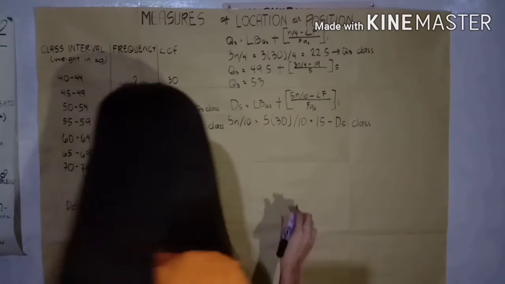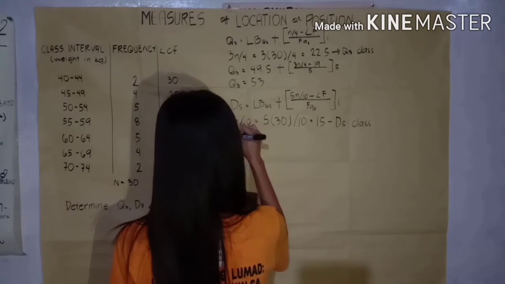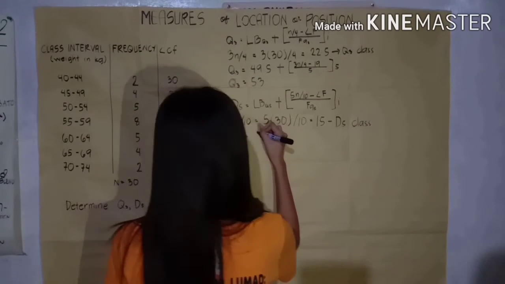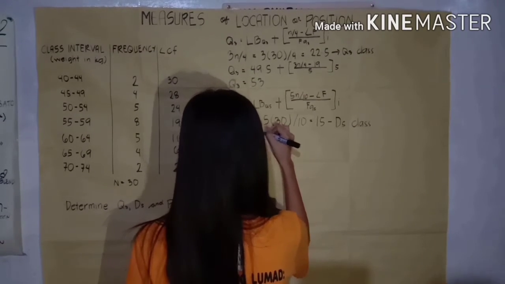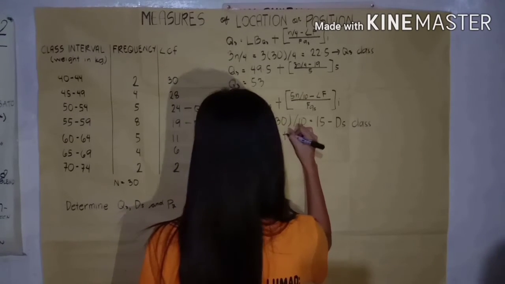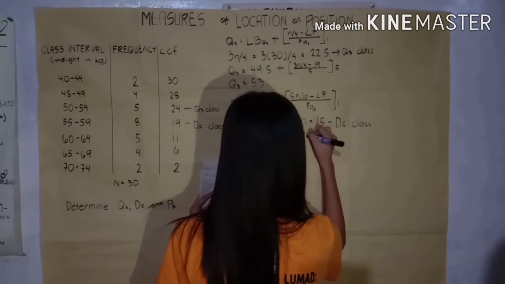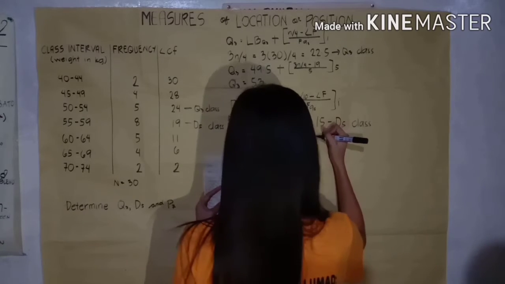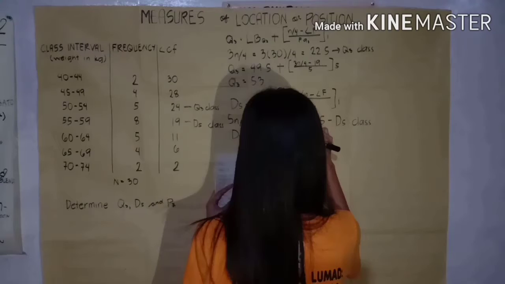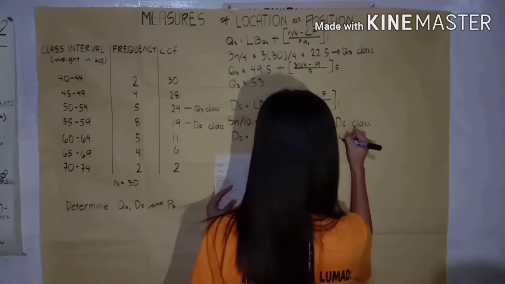Okay, let's go on. So next we have D5 is equal to 54.5 plus 5n divided by 10 minus 11 divided by 8 times 5.